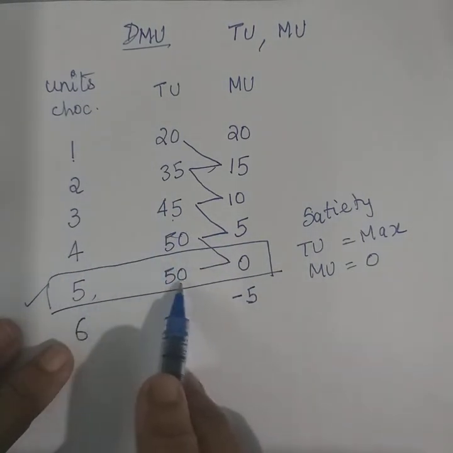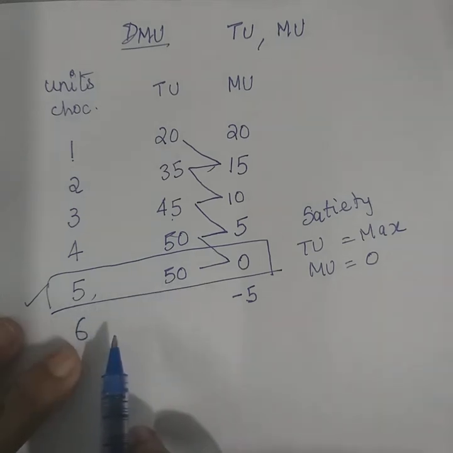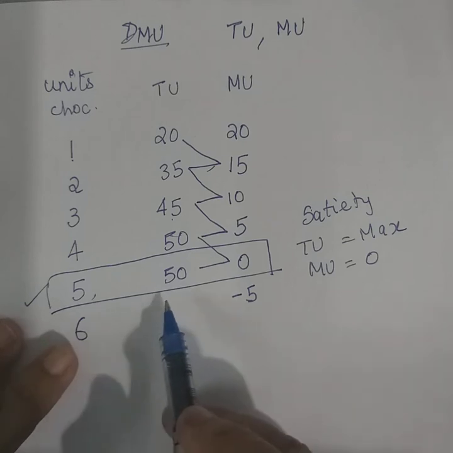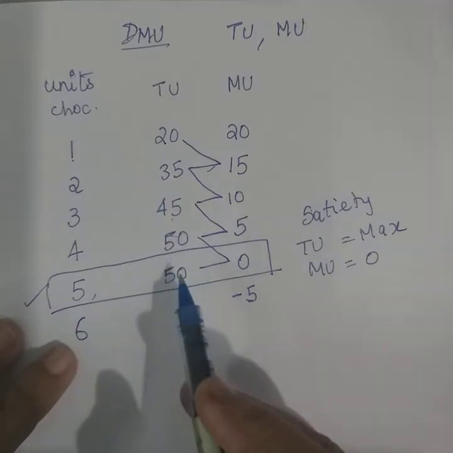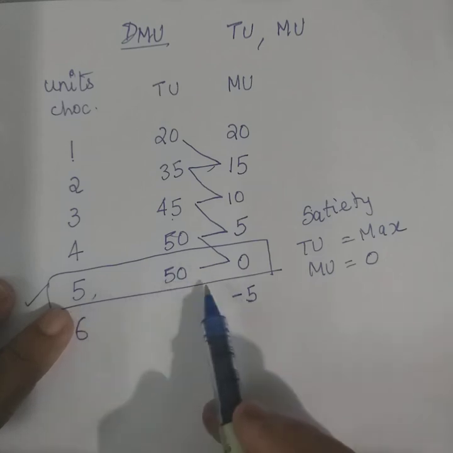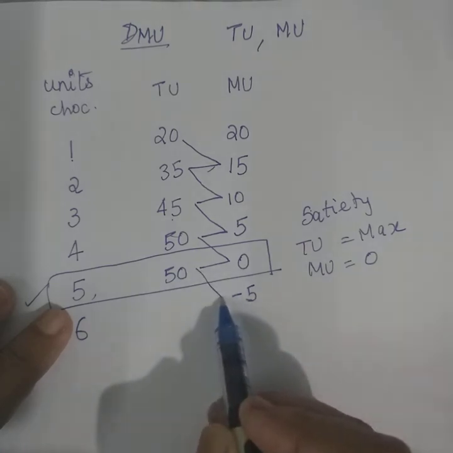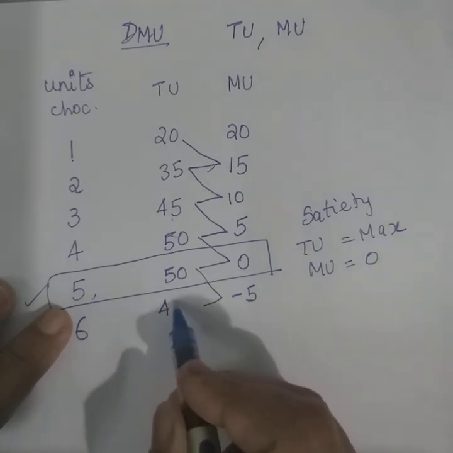After attaining the maximum, the total utility falls if the 6th unit of chocolate is consumed. When 6 units are consumed, the total utility will be the total utility derived from 5 units plus the 6th unit's utility, so that would be 50 minus 5, which becomes 45.